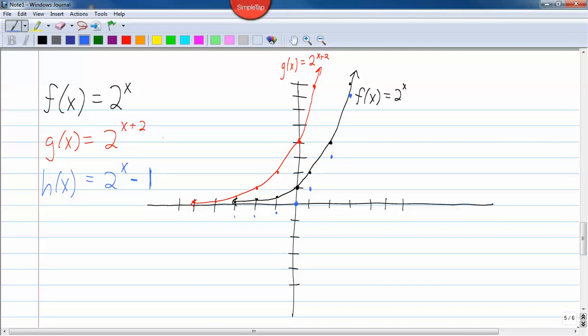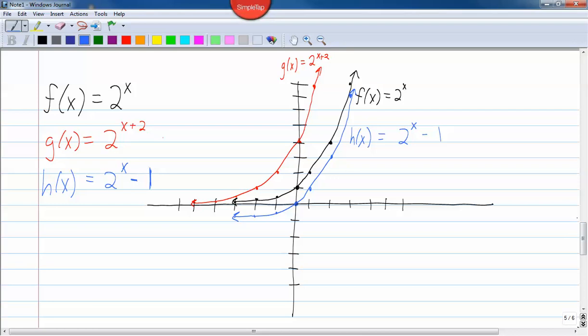Okay. So now this blue graph here, that's h of x equals 2 to the x minus 1.